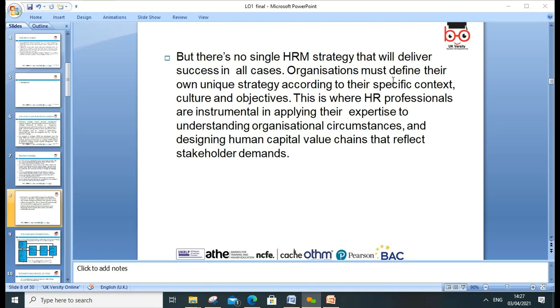Culture means, yes, we can say, norms, values, the way we do business. The way we do business, that's all represent the culture. So every organization has its own culture. So culture means norms, values, the way we do business.